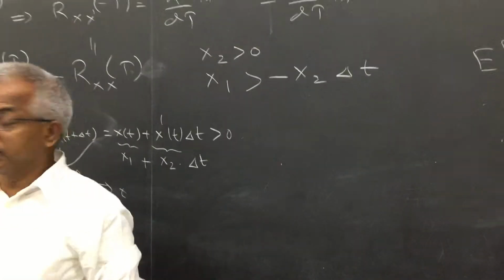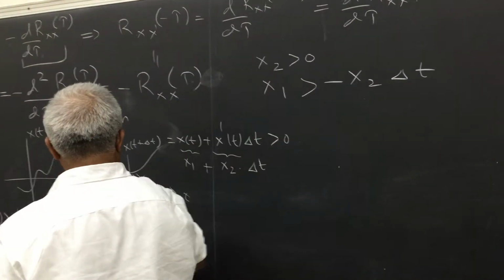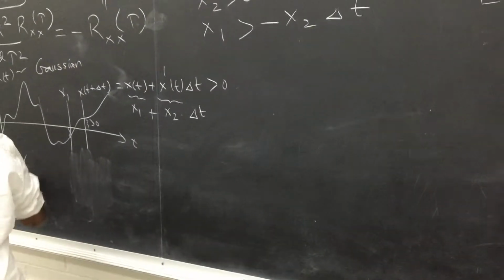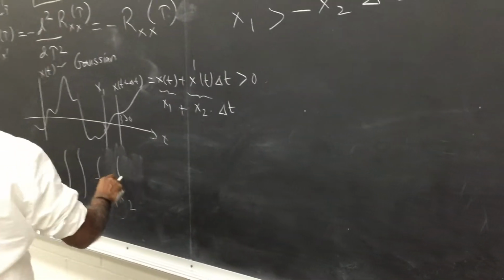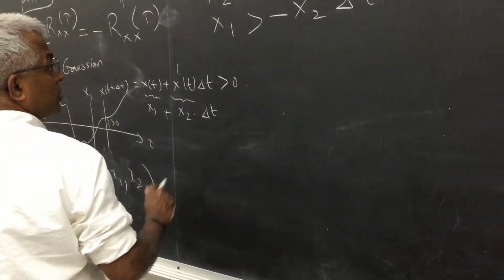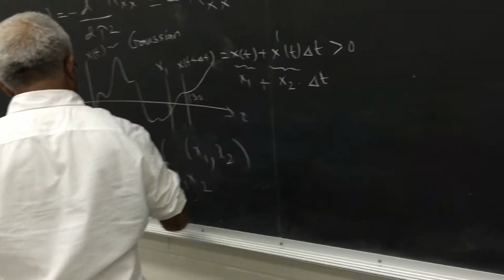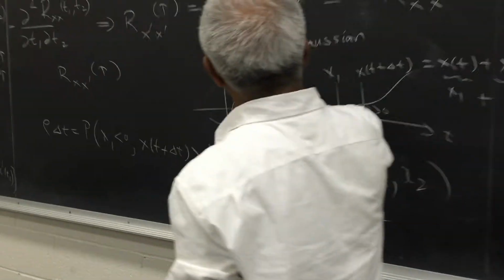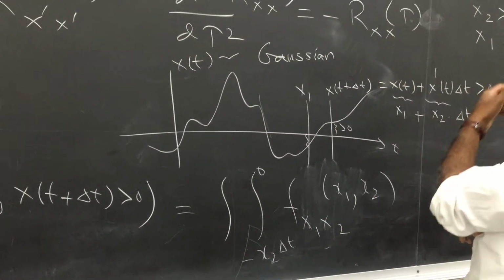So notice that consequently this probability that we are looking for can be written as the joint density function of x1 and x2. And x1 goes from minus x2 delta t to 0 because x1 needs to be negative.